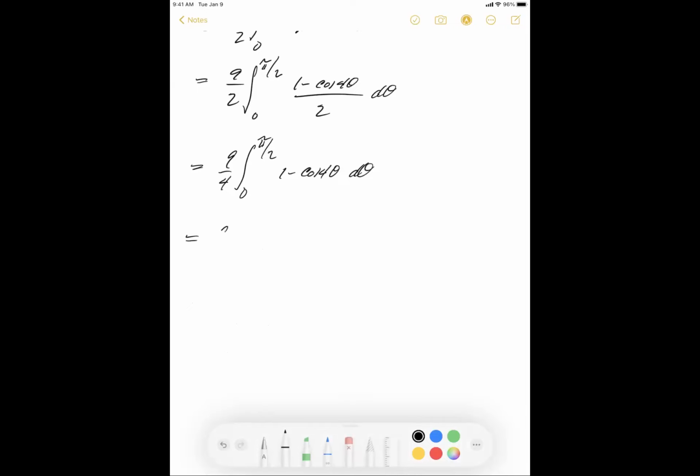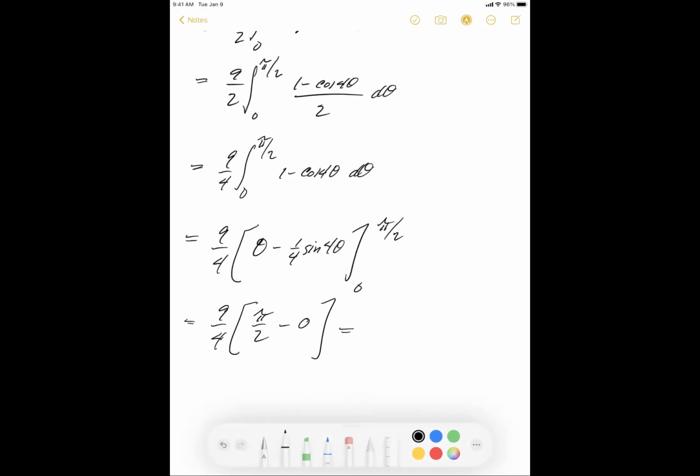And now we're ready to integrate. That'll be theta minus 1/4 sine 4 theta from 0 to pi over 2. Plug in the upper limit and we'll get pi over 2 minus sine of 2 pi, so that's 0. And when you plug 0 in, you get 0 all around. So in the end, we get 9 pi over 8.